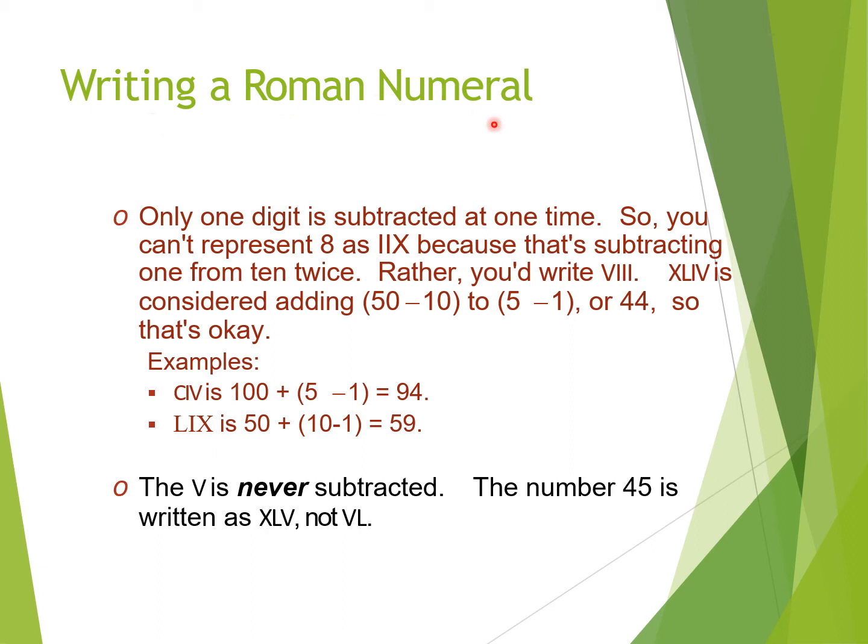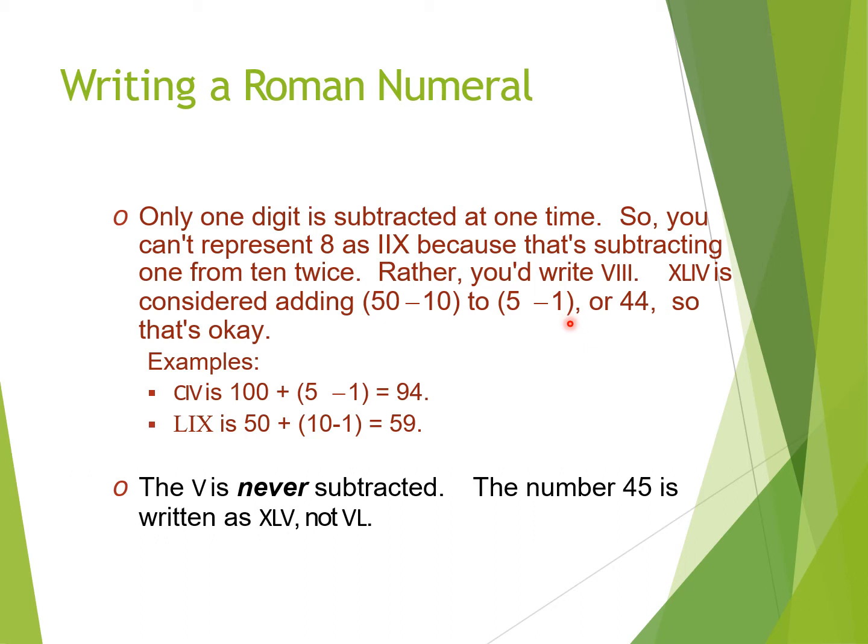Writing a Roman numeral: only one digit is subtracted at one time, so you cannot represent 8 as IIX because that's subtracting from the 10 twice. Rather you write XLIV, which is considered as adding 50 minus 10 to 5 minus 1, or 44.